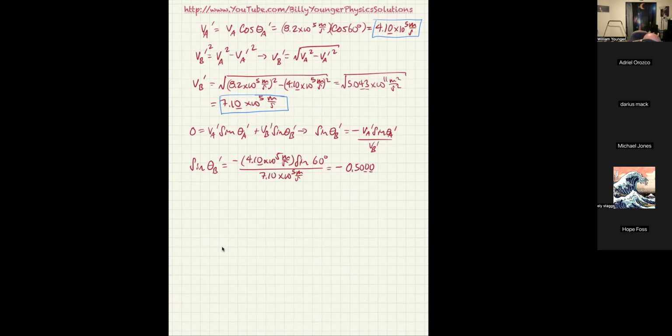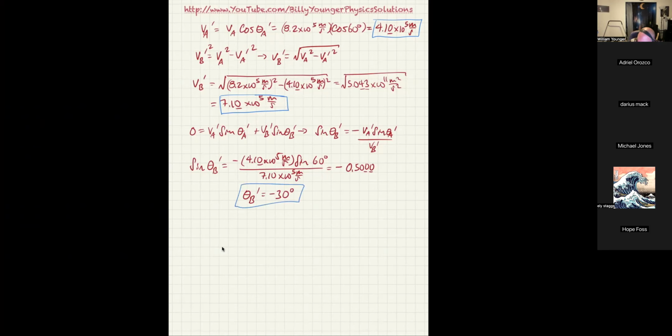Now that's way more digits than we need. And of course, we also know that when the sine is equal to 1/2, then the angle is 30 degrees. So that tells us theta B prime is actually equal to negative 30 degrees, which is what I suggested.